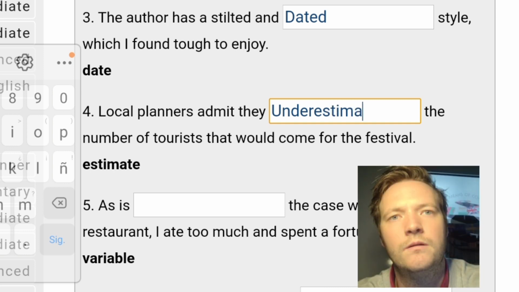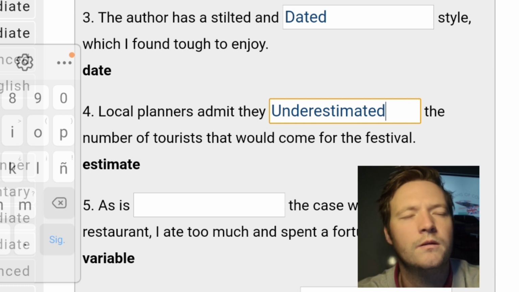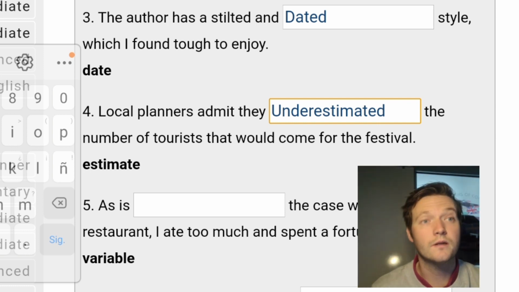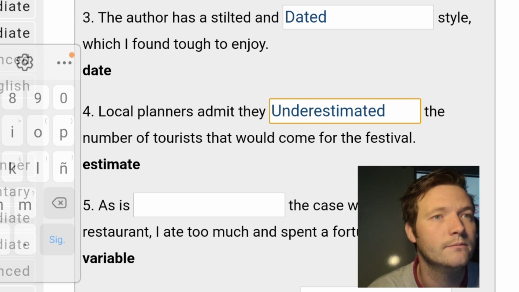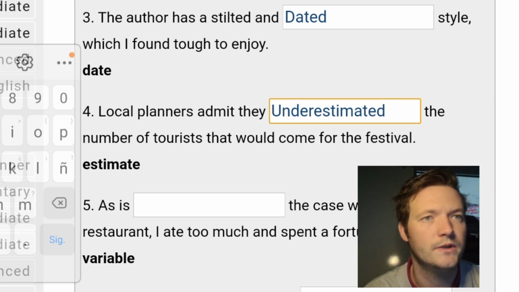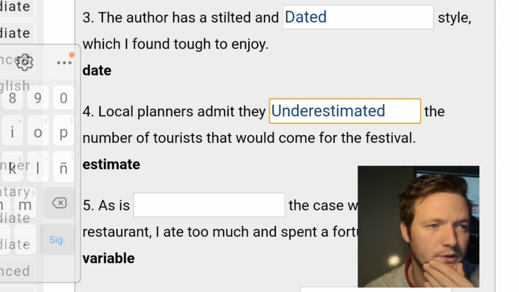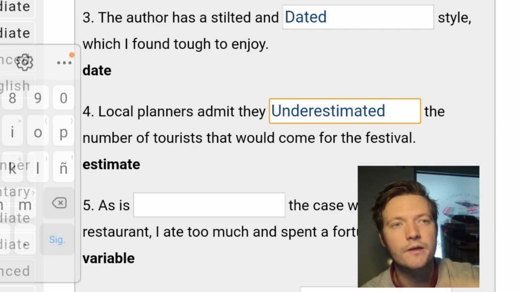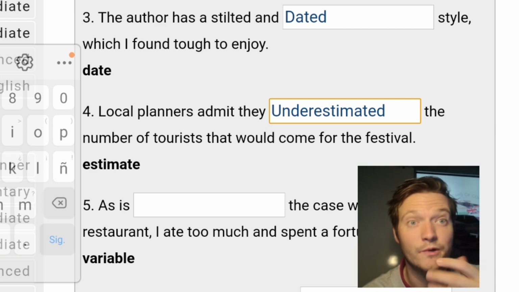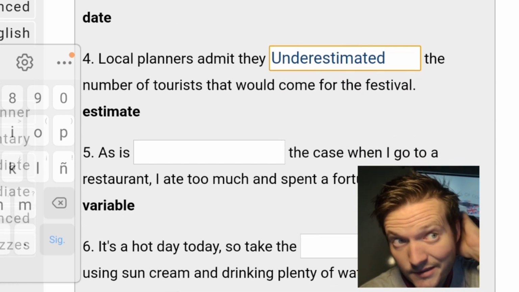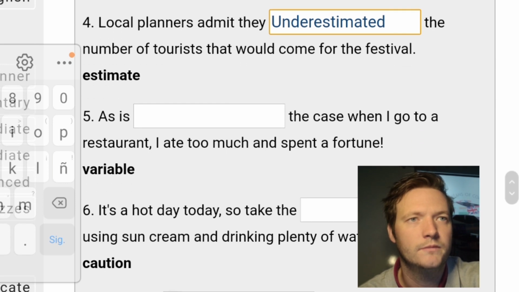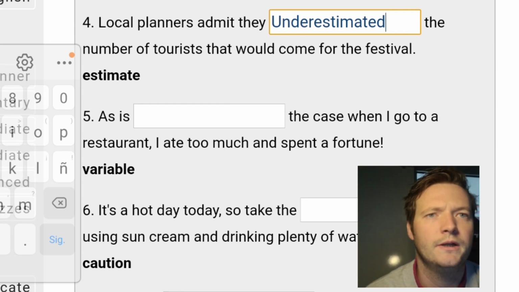I guess it could be overestimated, because it's taken out of context, this sentence, it's not really clear. Obviously, if they underestimate and too many people come, that's a problem. But if they overestimate and they've spent too much money setting up the festival, and then not enough people come, that's also a problem. Not very clear, that one.